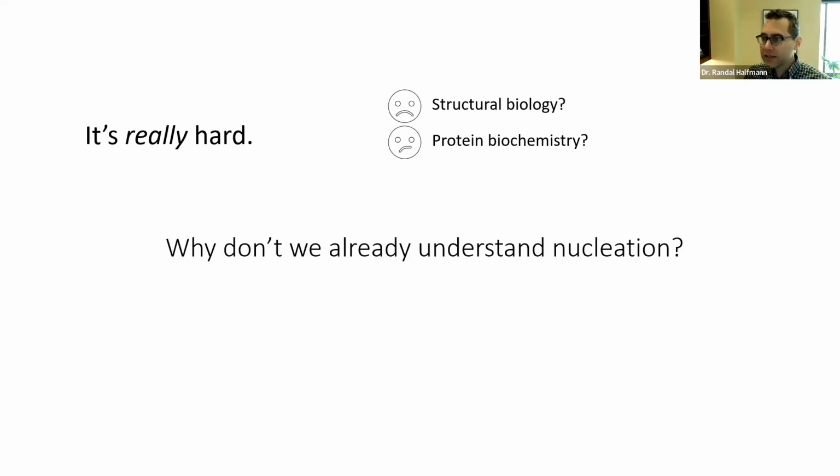Protein biochemistry is very challenging for this because in a traditional in vitro system, like in a test tube, you're working with volumes that are more than 1 billion-fold larger than the volume of a cell. And importantly, because this is a kinetic barrier that limits these things, you've basically eliminated the kinetic barrier to nucleation when you work in larger than cell-sized volumes.